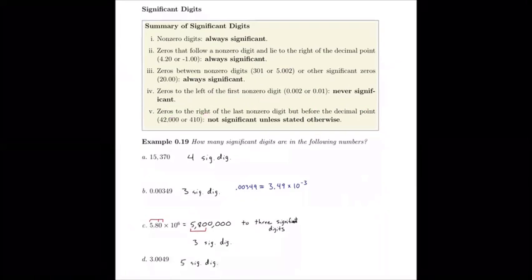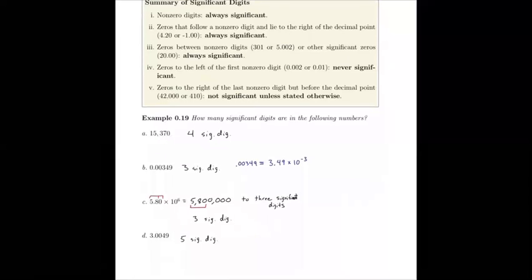One of the trickiest of all of these is 5.80 times 10 to the 6. We'll pause and just look at this. We're tempted to say there are 3 significant digits here. We ignore the scaling factor of 10 to the 6. That should always be the case. We'll always ignore the scale in scientific notation. In other words, the powers of 10 can be ignored for significant figures. And that's exactly true.